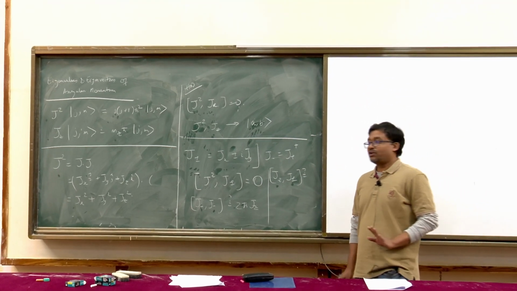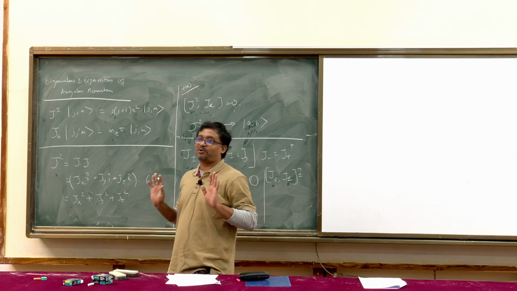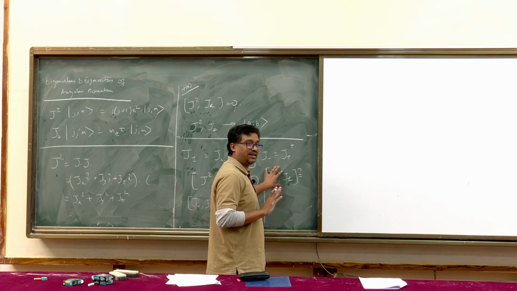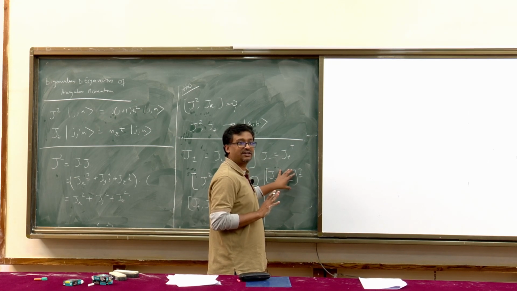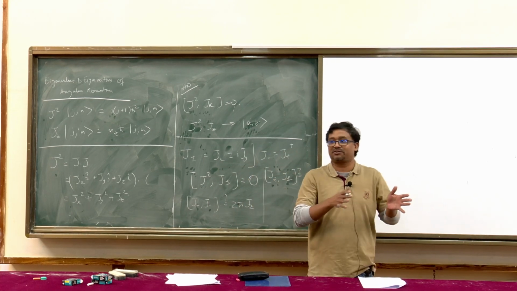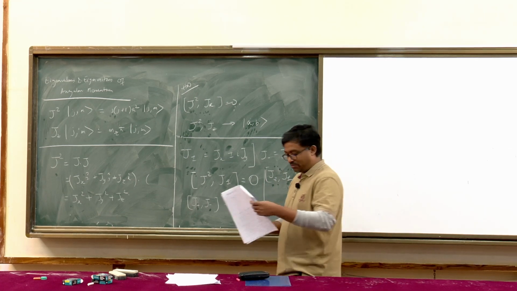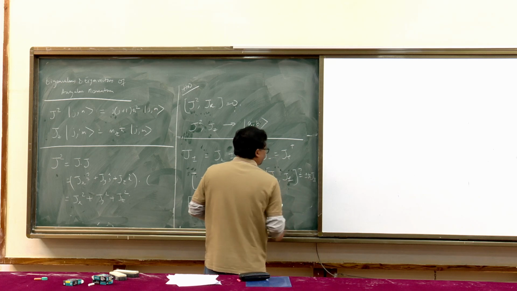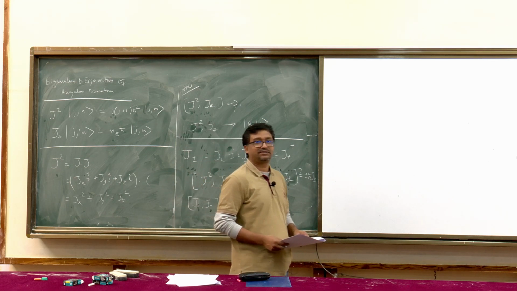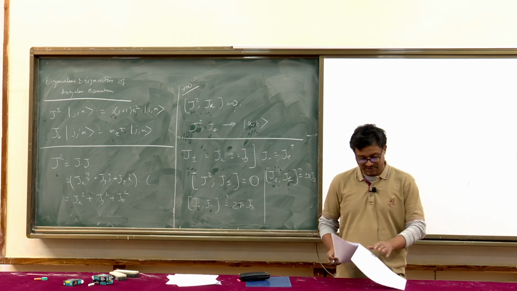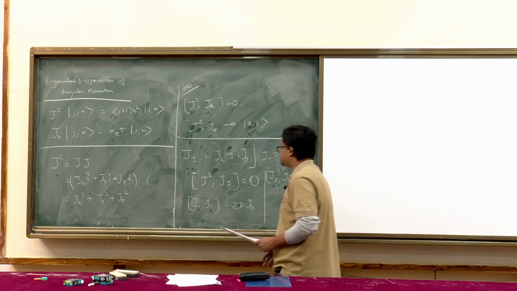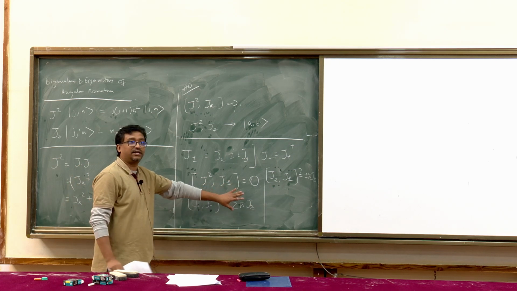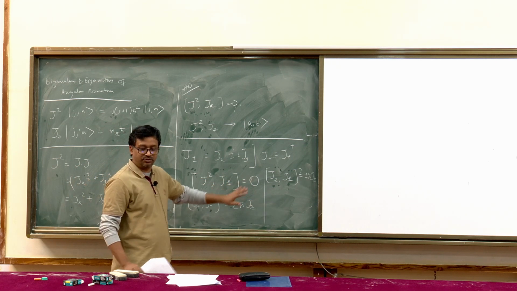So, my guess would be this is proportional to J plus minus, because it is again related to commutators of Jx, Jy. You have to work out the math, and this comes out to be plus minus H bar J plus minus. Okay. So, we have all the commutators. These are part of your homework, that you work out all the details of these commutators, and you should get this.